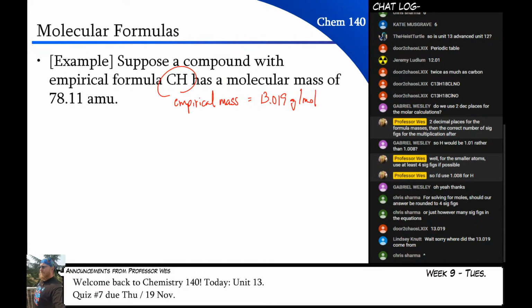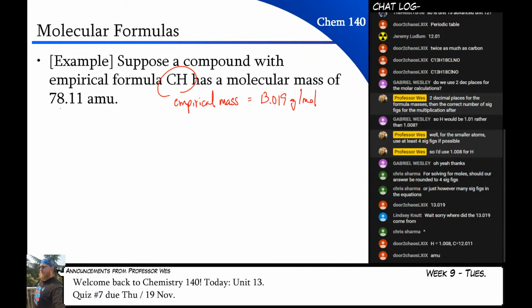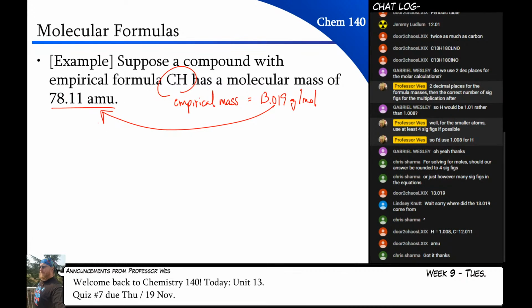That's what that weighs. And then when you divide the empirical formula mass on the bottom of this expression by the molecular mass, you then get the multiplier. Cool.